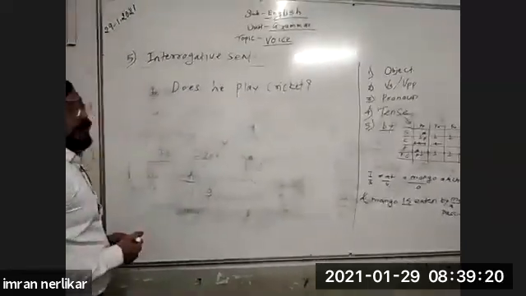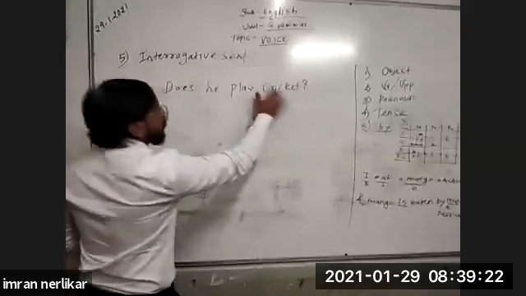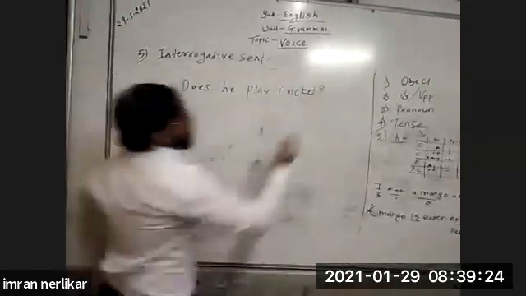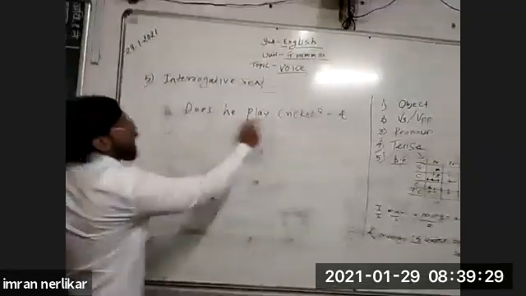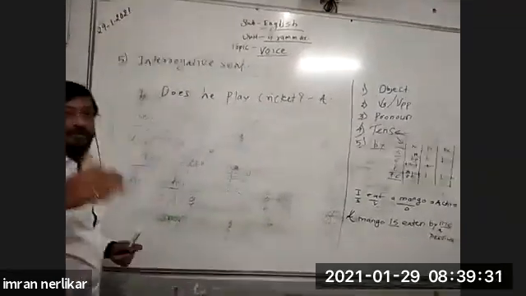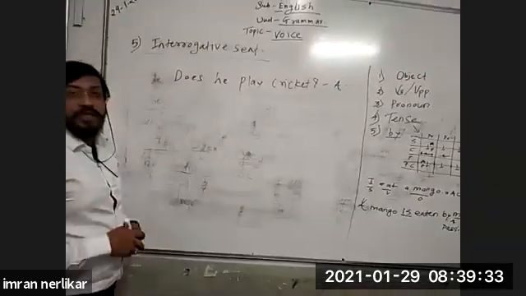Does he play cricket? Suppose this sentence is given to you. To make it passive, this is active. Does he play cricket? How to make it passive? Step by step I will tell you, and then we'll come to the answer.